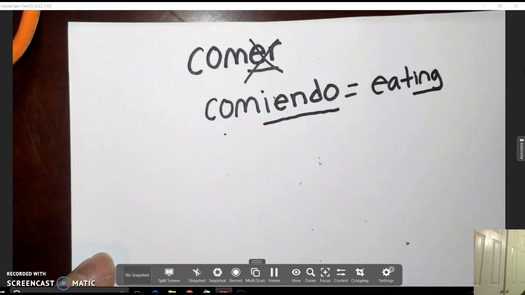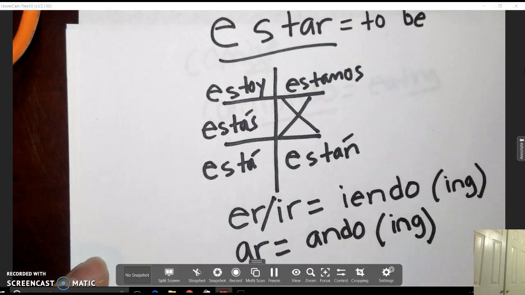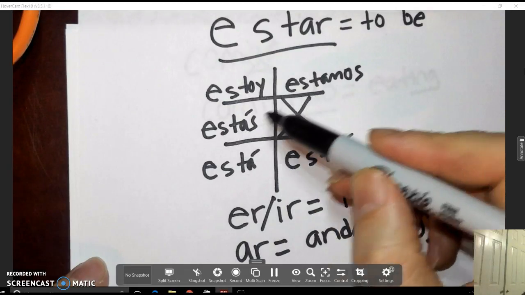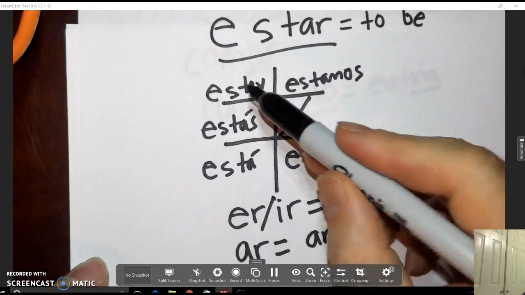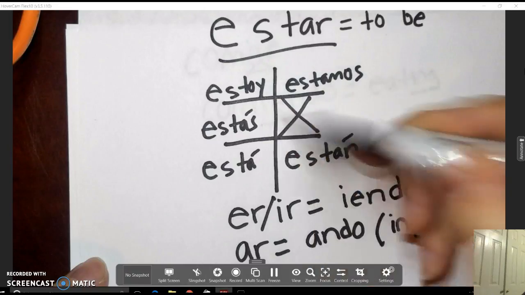Now how does this work together with the verb estar? Well, we usually say I am eating. So the first thing we need to do is figure out which of all these is the I am, and we know that it's this one right here, top left quadrant, and you get estoy.